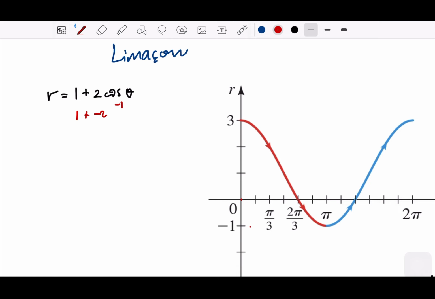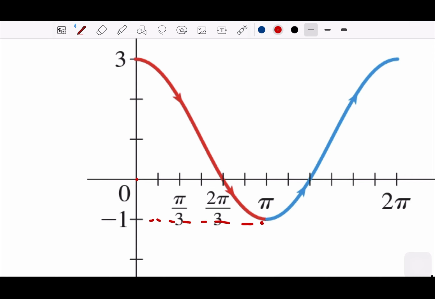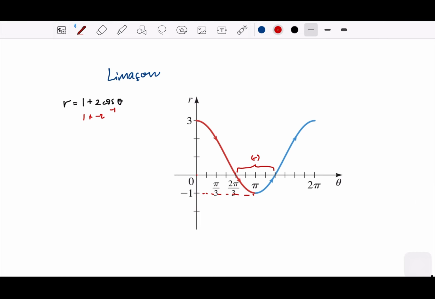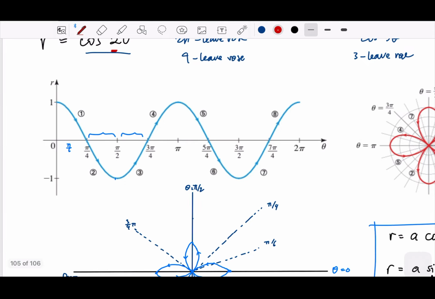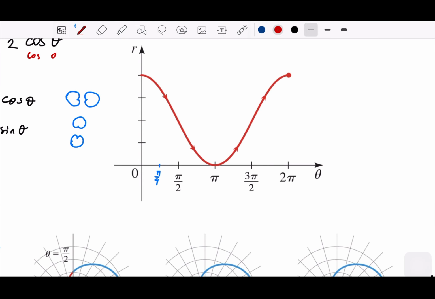So there is some interval on this part of the graph that is going to be negative, while in the previous cardioid we don't have any negative interval.